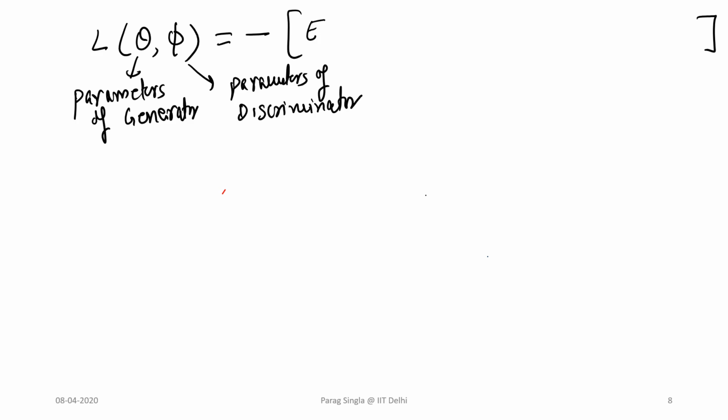So the first case would be when it's actually a true sample coming from the data, right? And we take an expectation, over all possible samples that could be generated from the data, of the log of d phi of x, right? So d phi of x is nothing but the probability that the discriminator assigns to this particular sample of it being actually from the true distribution, right?